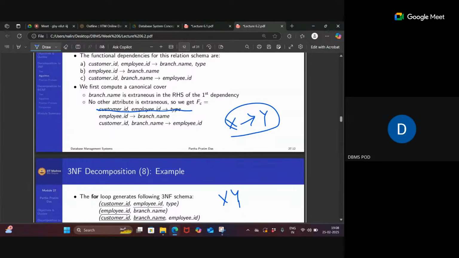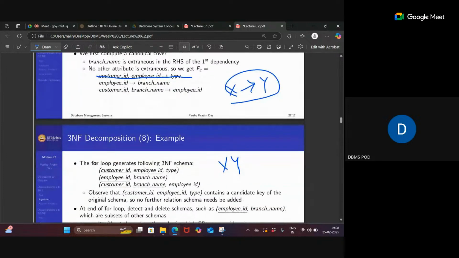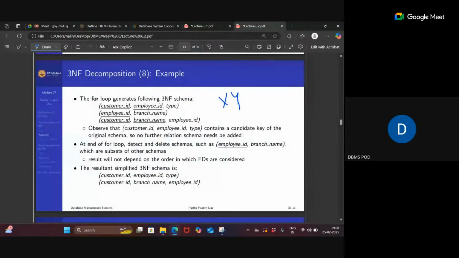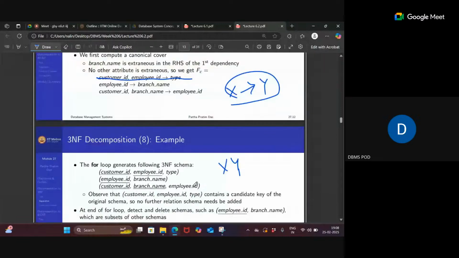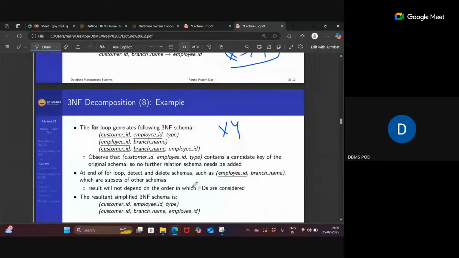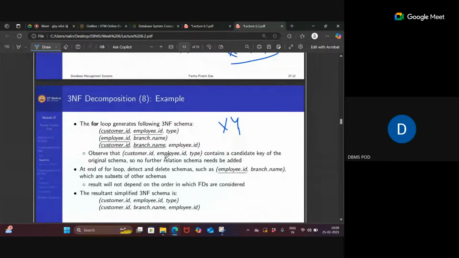Now there is no need to create any separate table for our primary key. What is our decomposed result? It will have customer ID, employee ID, type, and customer ID, branch name, employee ID. You have observed that customer ID, employee ID, type contains a candidate key for the original schema, so no further relation schema needs to be added.